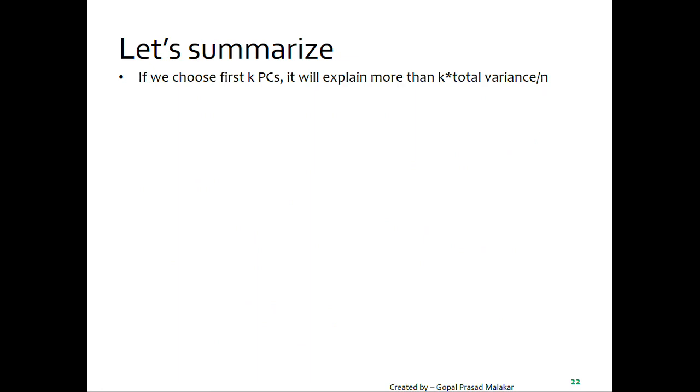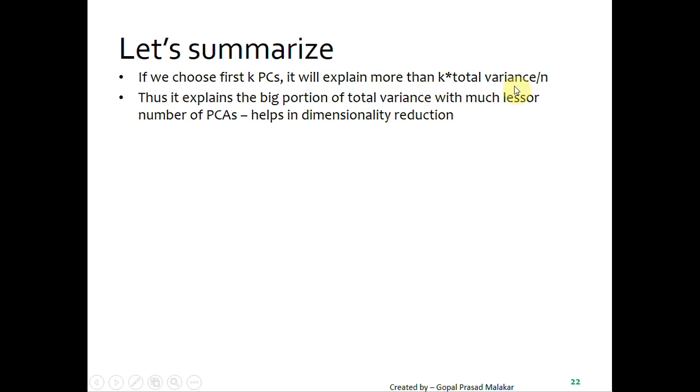If we choose the first k principal components, obviously it will explain a little more than the k proportion of the variance. So if you are taking the first two principal components where the total number of input variables is 10, and you think it will just explain 20% of the total variance, it's not going to happen that way. It is going to explain much more than that.